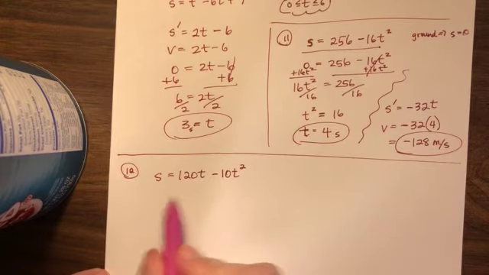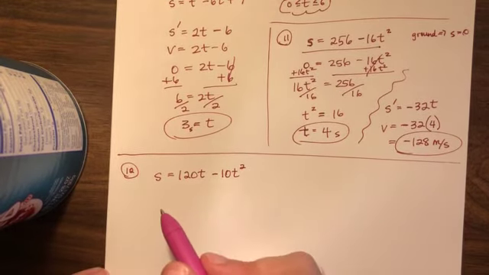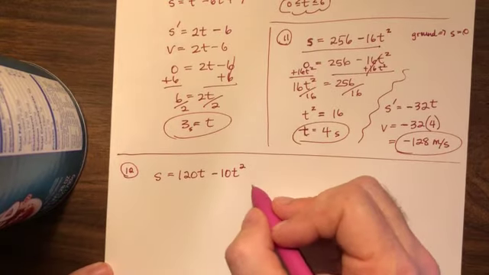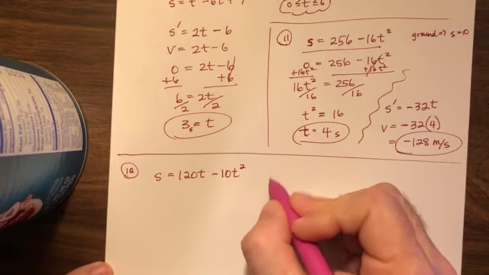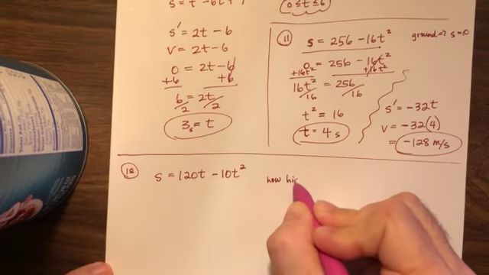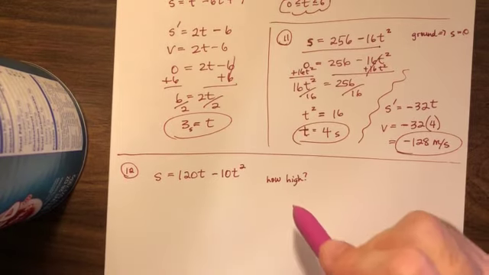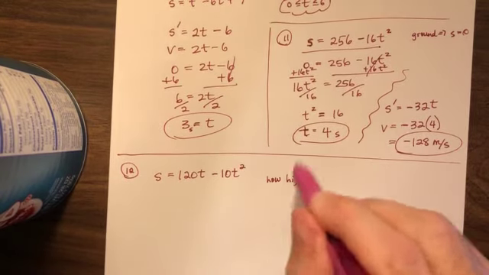So this is the position function, and it asks how high does the rock go? It starts at 0. S of 0 still means the ground. If it's asking for how high, then we have to ask what's going on at the top of its path?